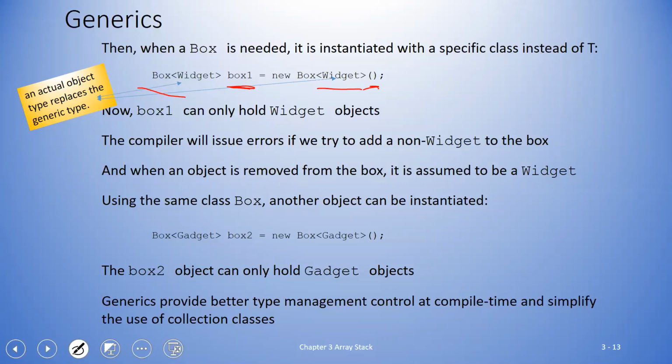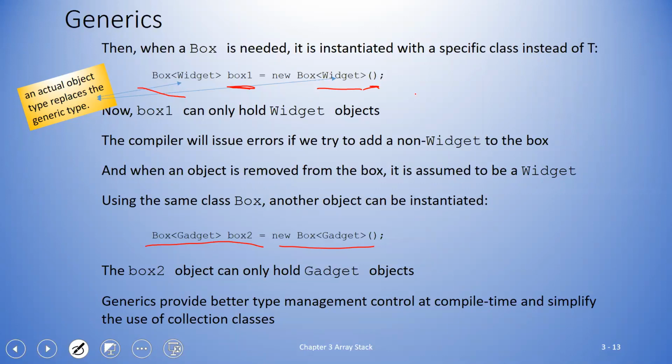Okay, and now you will say, what if I want to hold a Gadget? Then declare another box, right? And now this box2 will only hold Gadget. Okay. What if you want this box to hold books? Suppose you have a Book class.